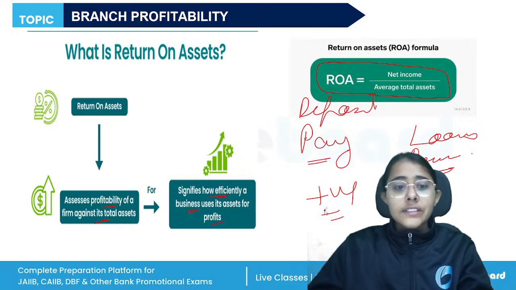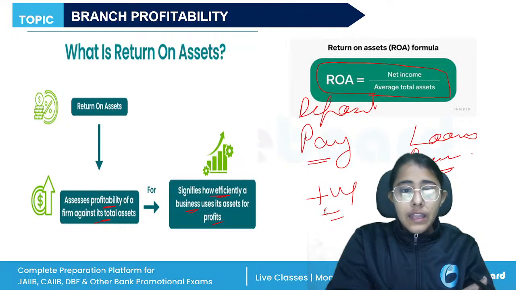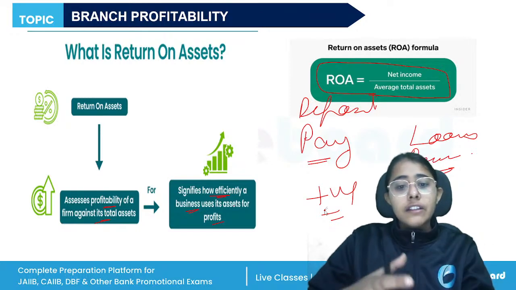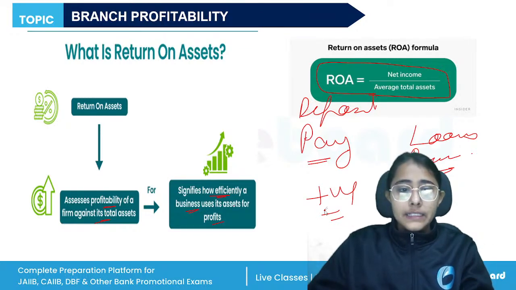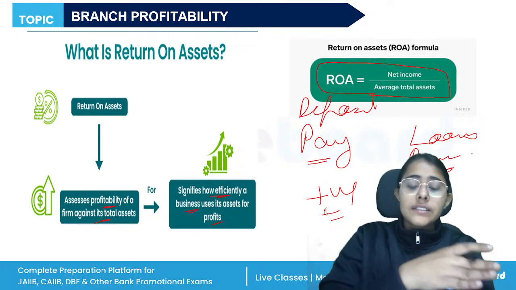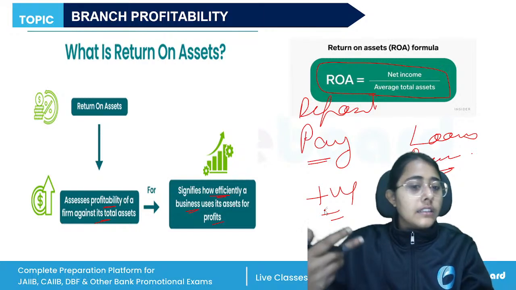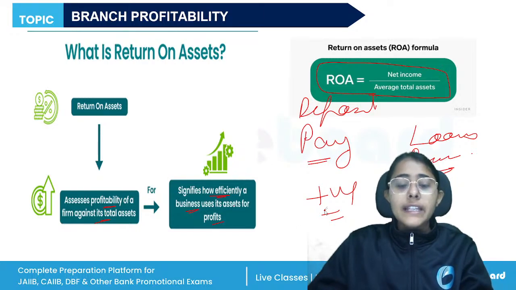So the net interest income depends on the interest rate spread: the interest received on assets minus the interest which is paid on liabilities. All right, that is the net interest income. And from that, we are going to calculate the return on assets by dividing this net income by the average total assets. That is a simple formula for it.